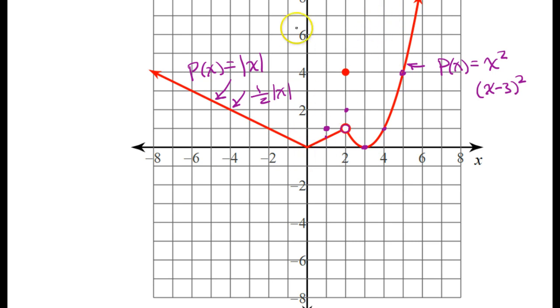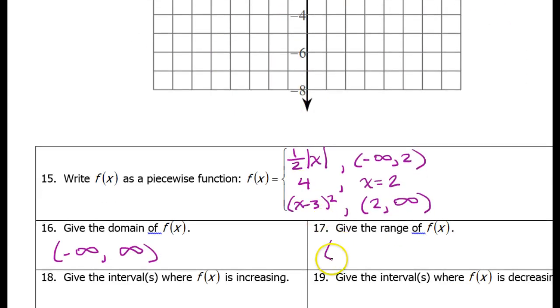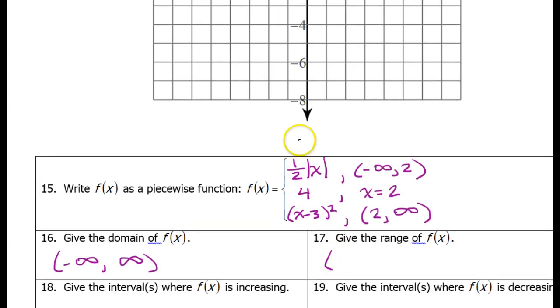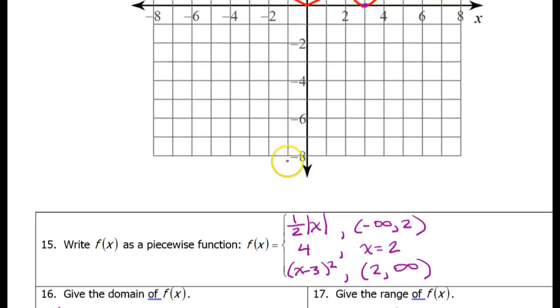All right, there are no empty y values from a low of 0, and it goes up forever. So the range is going to be, wait, this should be a bracket though, not parentheses. So 0 to infinity, and I'm putting a bracket to show that the graph touches 0. So 0 is to be included.